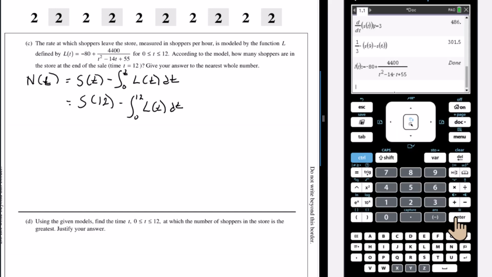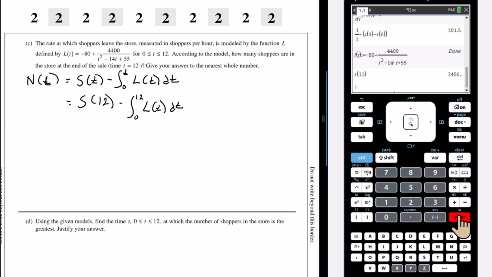So I have S of 12. I'll do it individually. And I get 3,456. And let's integrate.